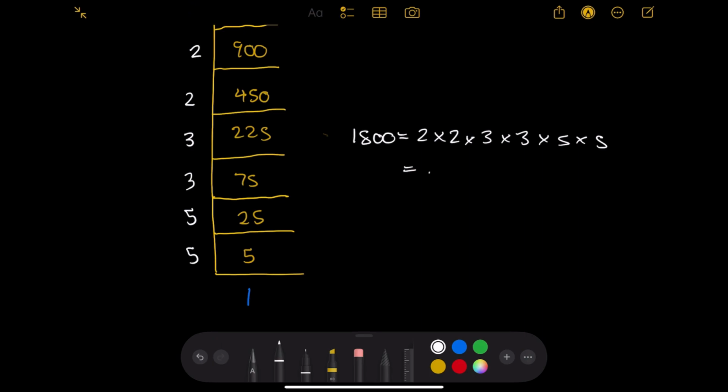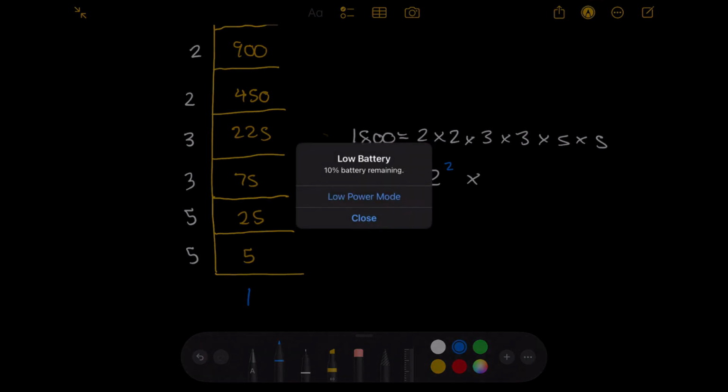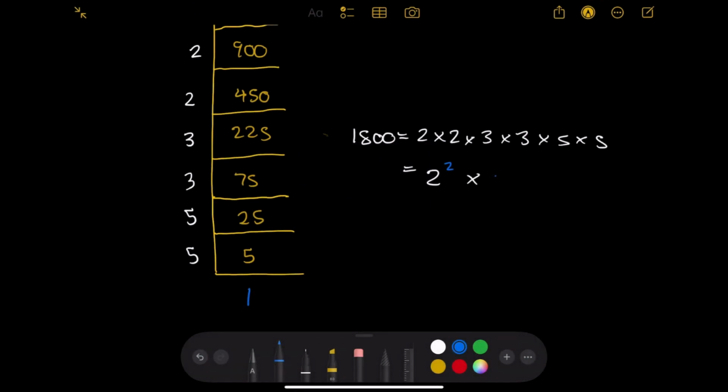And how can I write that more simply? It's 2 squared multiplied by 3 squared multiplied by 5 squared, right?